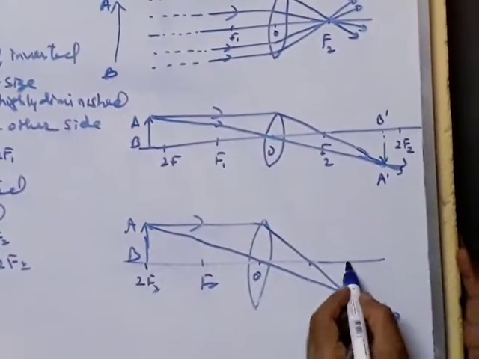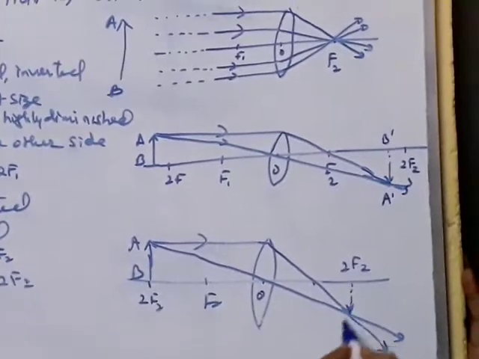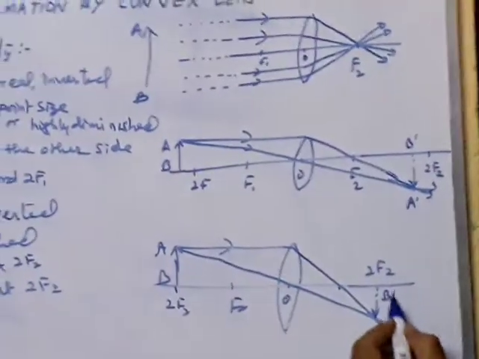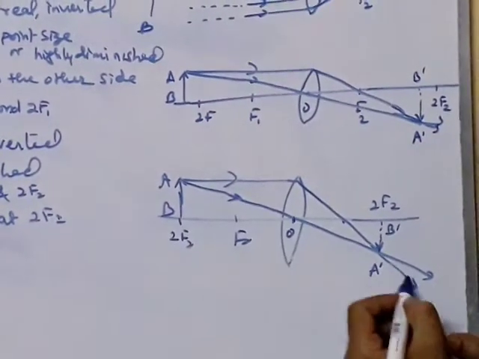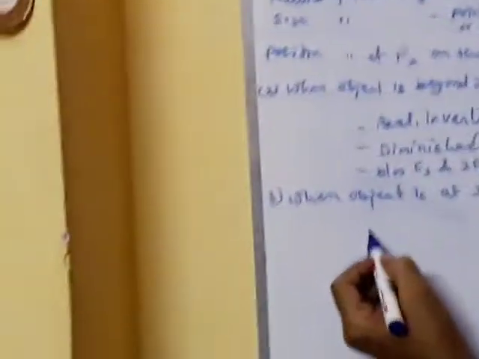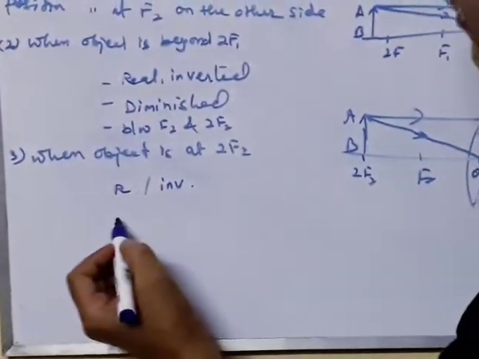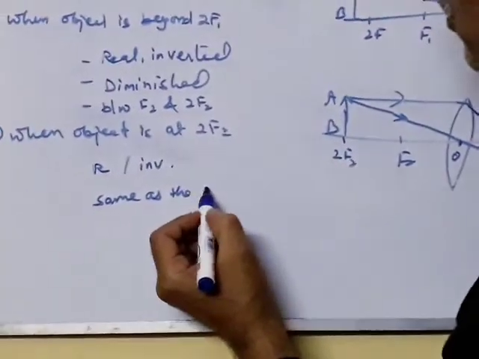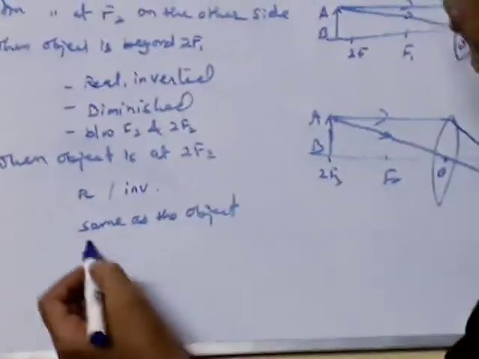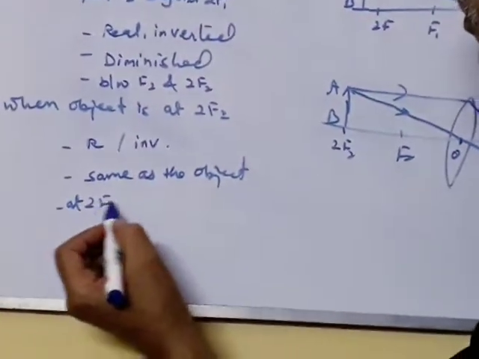Now these two rays intersect at 2f2, so we get a real inverted image at 2f2. The nature of this image is real and inverted. The size is the same as the object, and the position is at 2f2 on the other side.